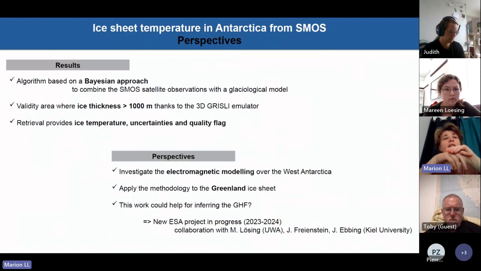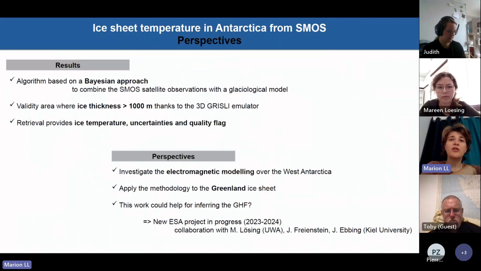At the end, we have the ice temperature, standard deviation, and a quality flag. The next steps are to improve the electromagnetic modeling to improve the result over West Antarctica, to apply this methodology to the Greenland ice sheet, and also to understand if this work could help for inferring geothermal flux or not. These 3 points are objectives in the new ESA project in progress.